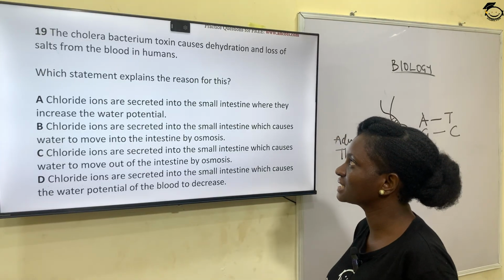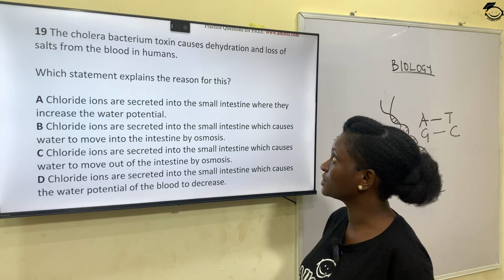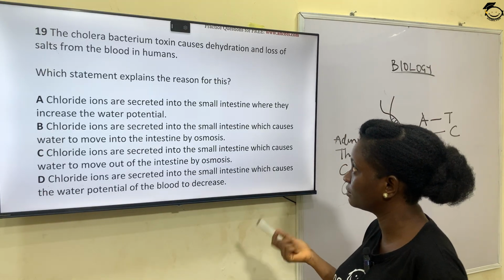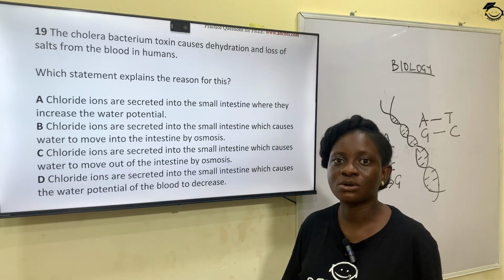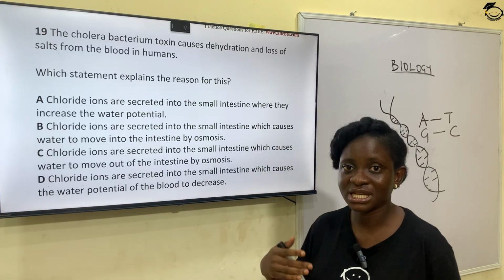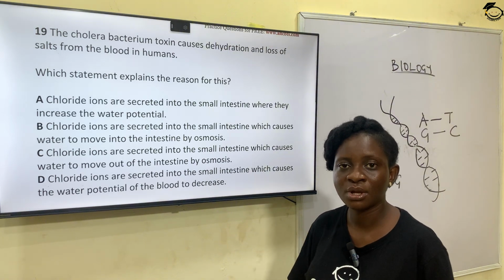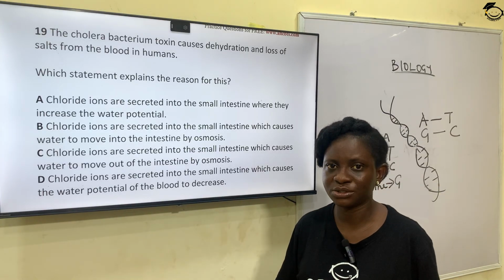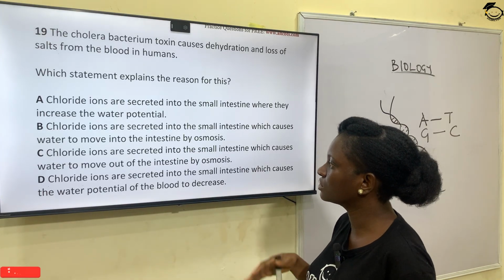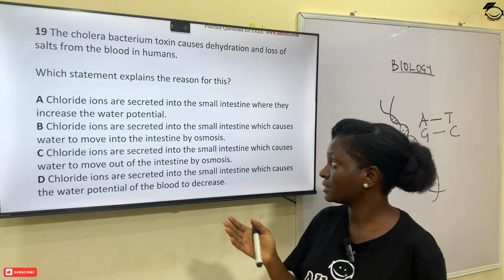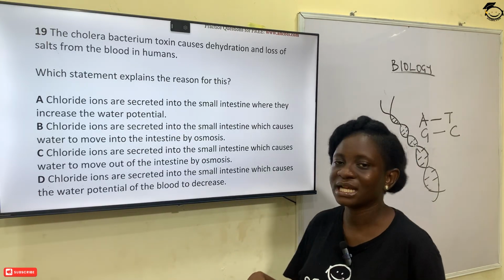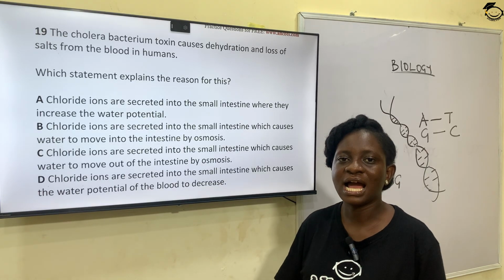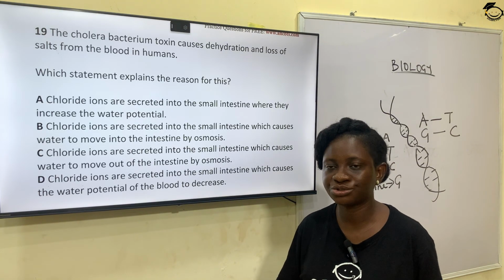All right. Question 19. The cholera bacterium toxin causes dehydration and loss of salt from the blood in humans. The cholera bacterium toxin causes cholera, and it presents symptoms like watery stool, which causes dehydration and loss of water from the blood in humans. What happens is that chloride ions are secreted into the small intestine, and it causes water to move into the small intestine, and this causes watery stool.